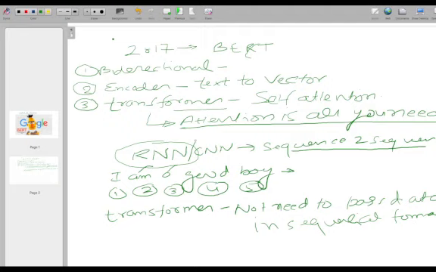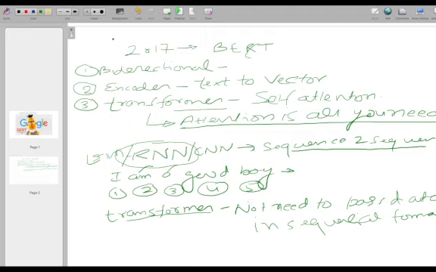With LSTMs the same problem arises, though less so because they were able to store hidden information for a lengthy sentence, and because of that, exploding gradient or vanishing gradient kinds of problems came into the picture. But in RNN, CNN, or LSTMs, we used to pass the data in sequential format. With the transformer architecture, we don't need to pass the data in sequential format. You can pass it in any format.